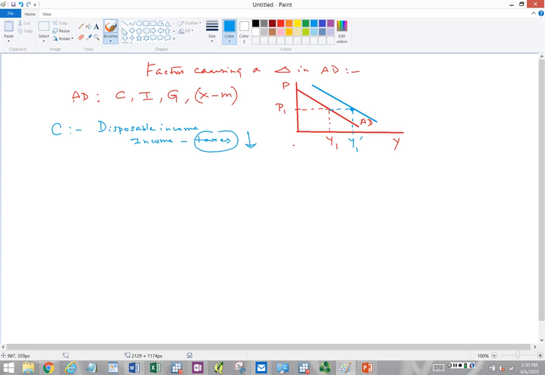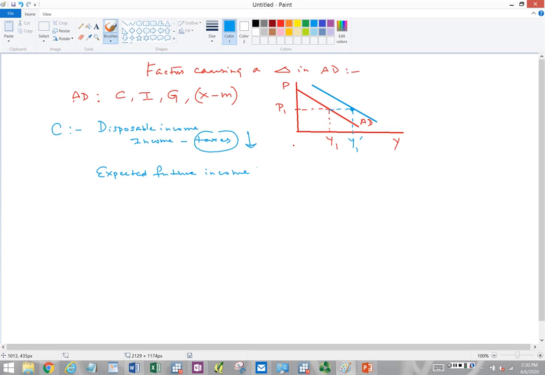The next factor is expected future income. So if households expect that their income in the future is going to be higher, well, that might cause them to start to spend a greater share of their current income on consumption. Right?